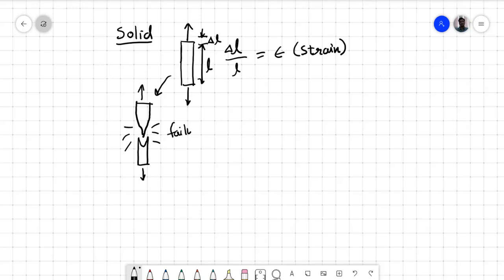Maybe you guessed this one, and this is correct, that this will break down first, because there is a component of shear that will appear along this plane, and because of that the glue will break down.